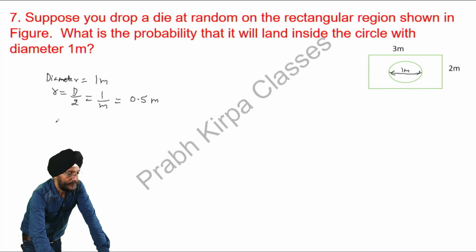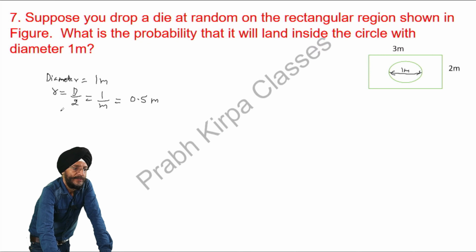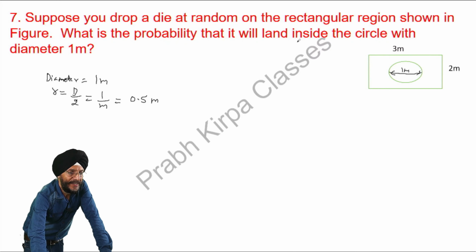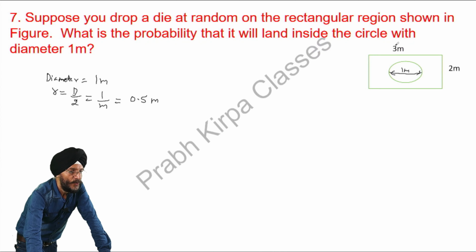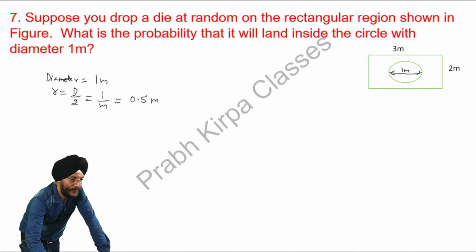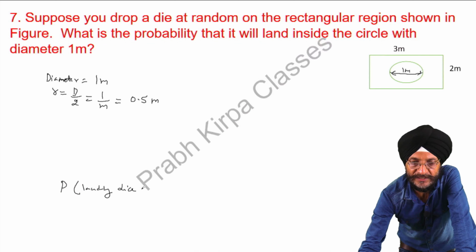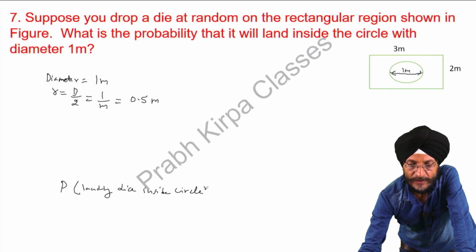So to find out the probability of landing of the die inside the circle, here we will have to find out the probability of landing dice inside circle.